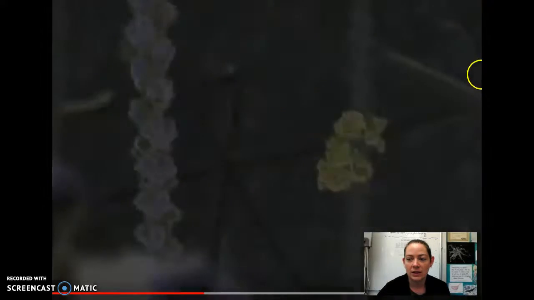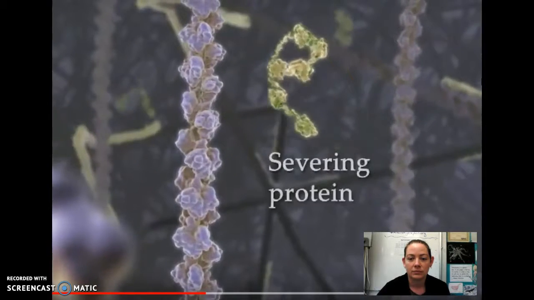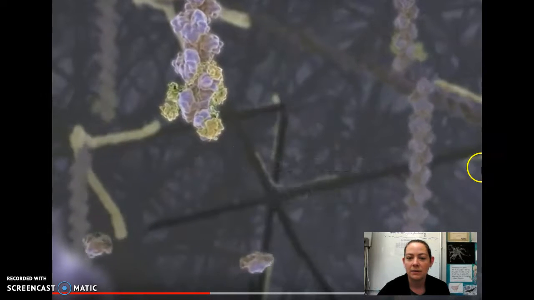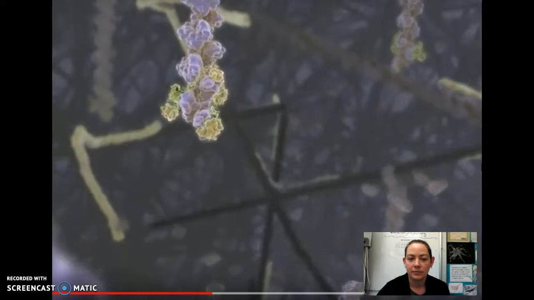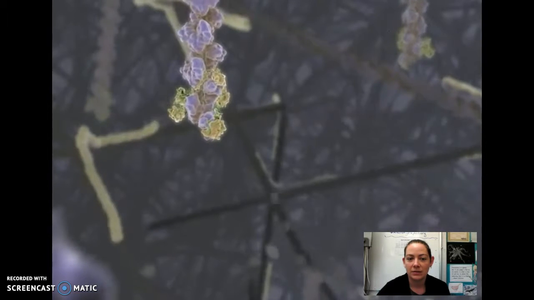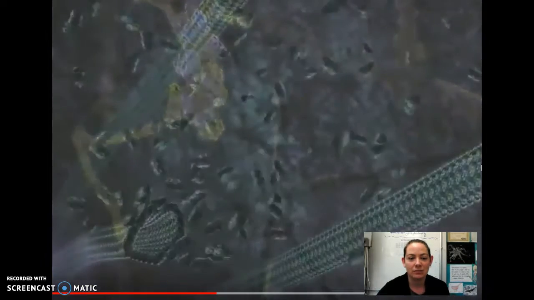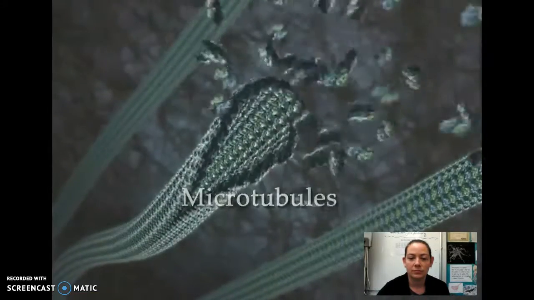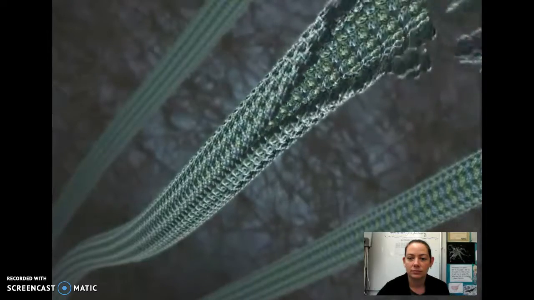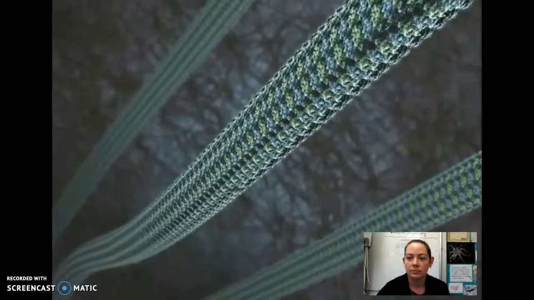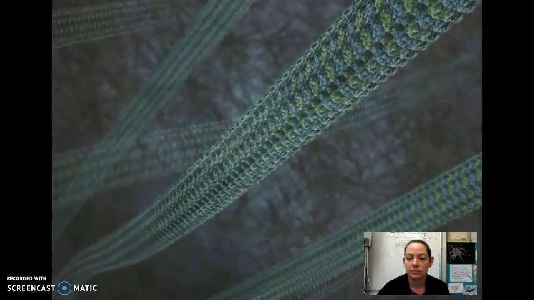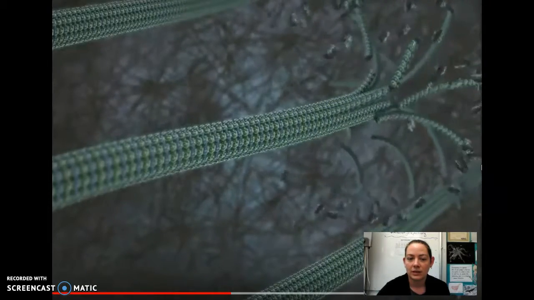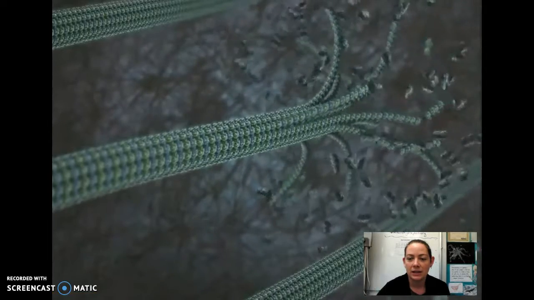Long fibers running throughout your cell. And then this guy comes in and just cuts it off. When your body needs to recycle stuff, maybe go in a different direction. So we saw this microtubule being built, and we're seeing it come apart.